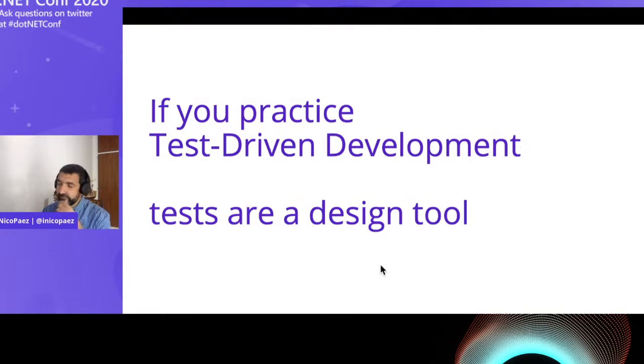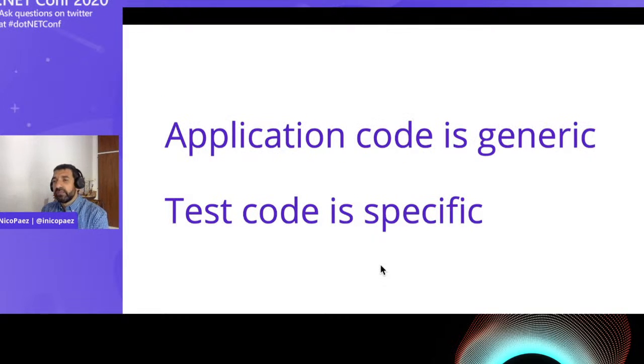And something that is interesting when you start thinking about tests is that your test code is specific, while your application code is generic. You have to prepare your application to handle several situations. Your application code is generic.